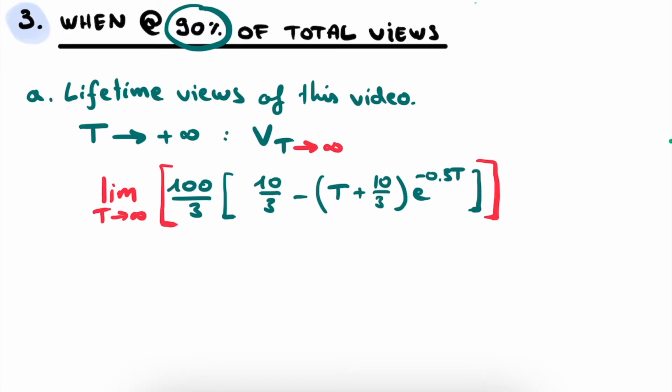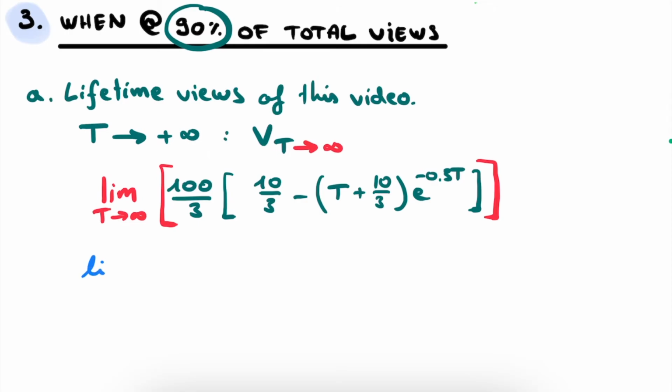And we see again here that we get two terms. We have this 100 divided by 3 multiplied by this 10 divided by 3, and we have this 100 divided by 3 multiplied with this term right here. And since the limit is a linear operation, we can split this minus sign of this overall limit into two limits.